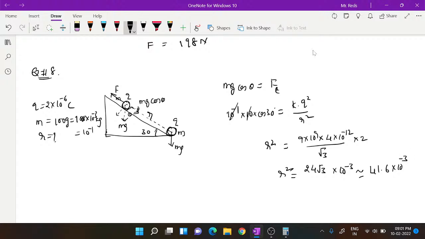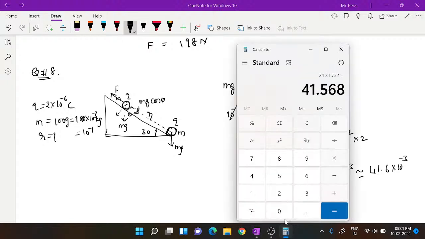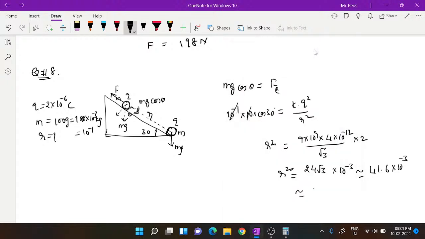So r square equals 416 into 10 to the power minus 4. Square root of 416 is approximately 20.4. So r is equal to 20.4 into 10 to the power minus 2 meters. So 20.4.